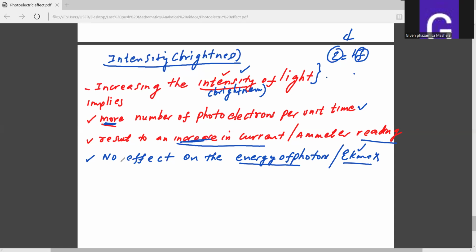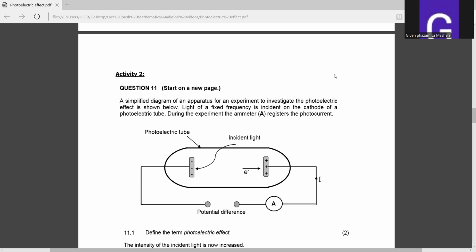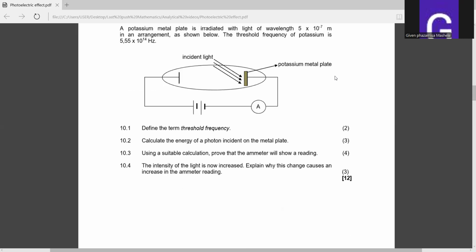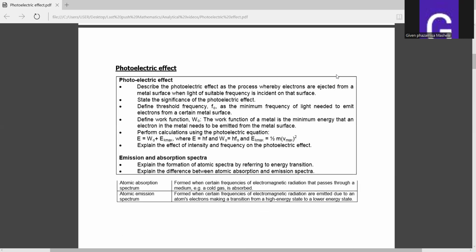So that is what you need to know when you are dealing with intensity. Then, before I look at the questions, guys, let me just go through what I just said in terms of the notes. Number one, let's check what I just said.